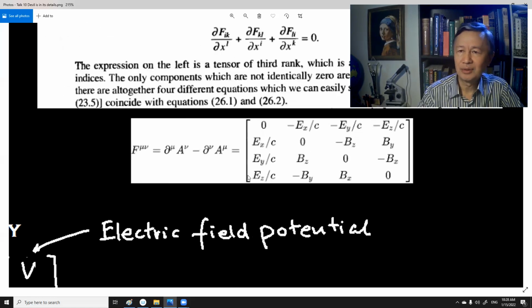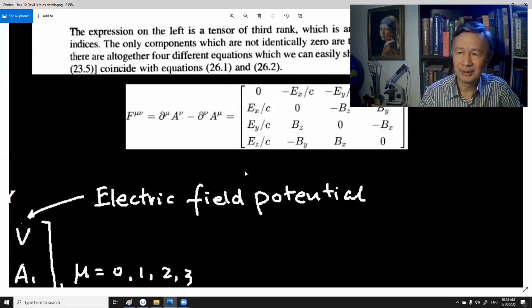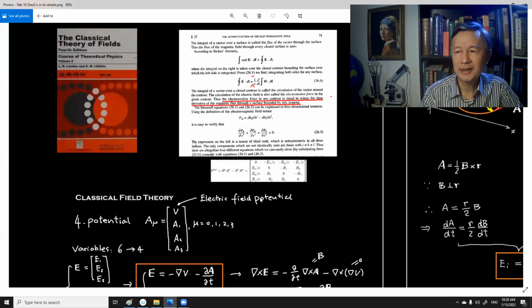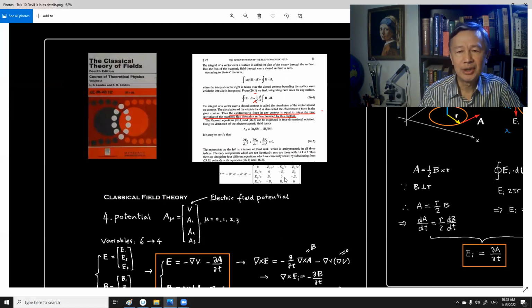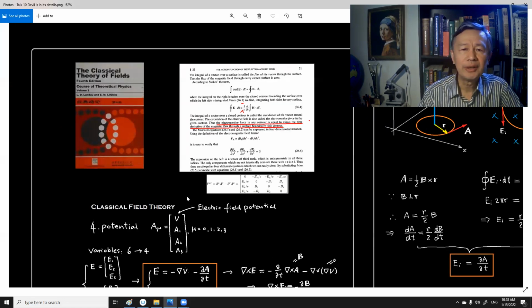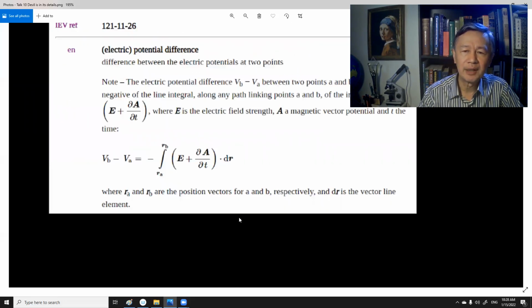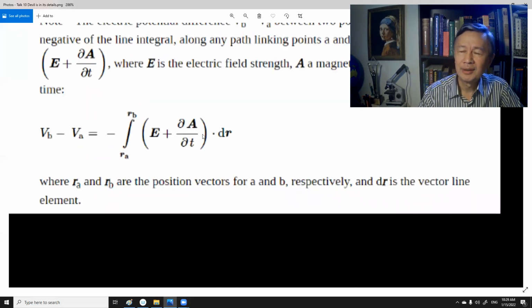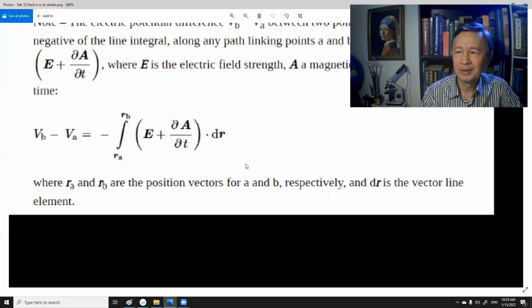That is a benefit of using the four-dimensional vector. Second, it shows how we can use the first derivative of A to represent the induced electric field.